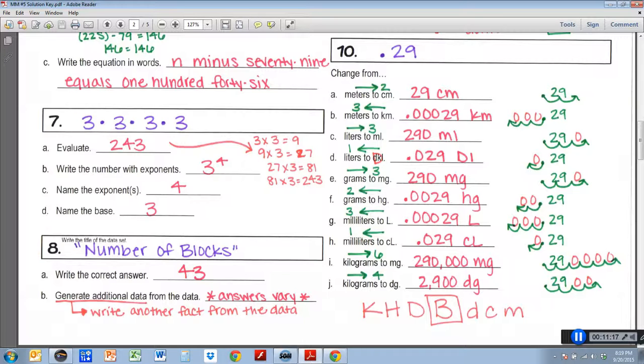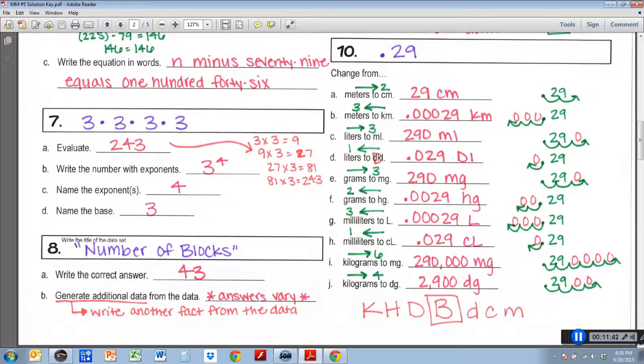Milliliters to liters, that's little m to our base. Liters are one of our bases, so we move to the left 3 times and do the same thing on your number. So notice on each one of these, we're starting with 0.29 and we're moving the decimal point either to the left or to the right.